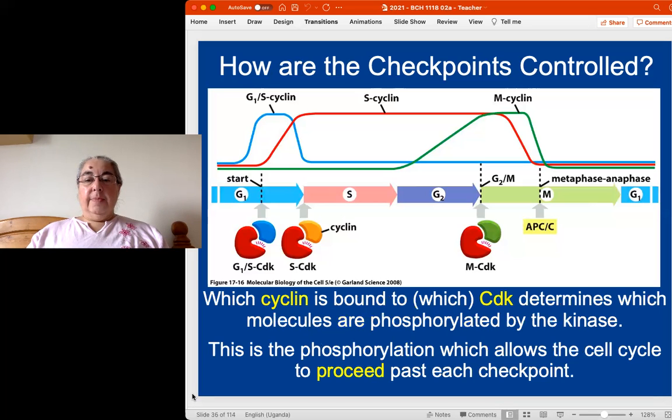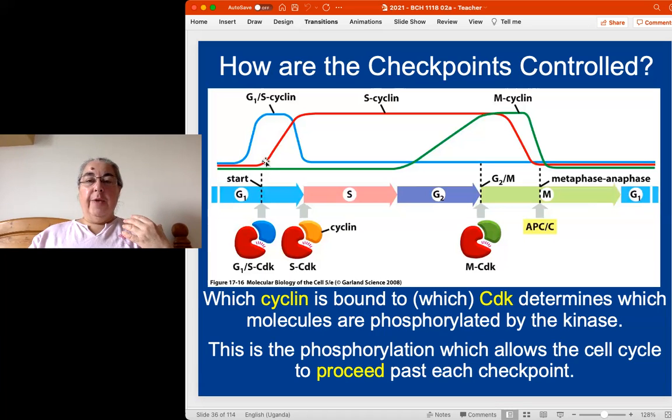Okay, so this is just putting into words what I've already said. Which cyclin is bound to which CDK is what makes different molecules phosphorylated by the kinases.